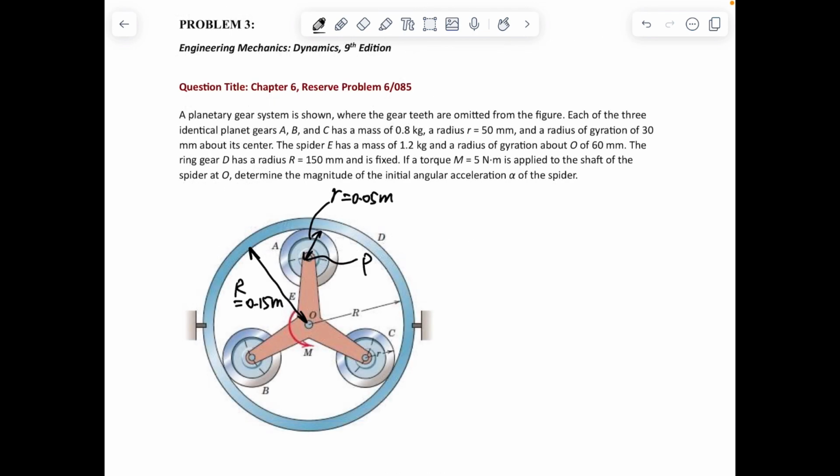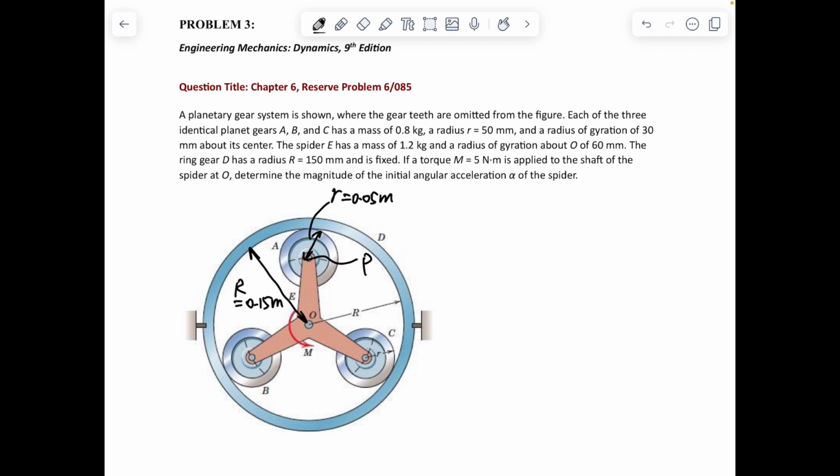Question number 3. A planetary gear system is shown. If a torque of 5 N·m is applied to the shaft of the spider at O, we need to determine the magnitude of the initial angular acceleration of the spider.